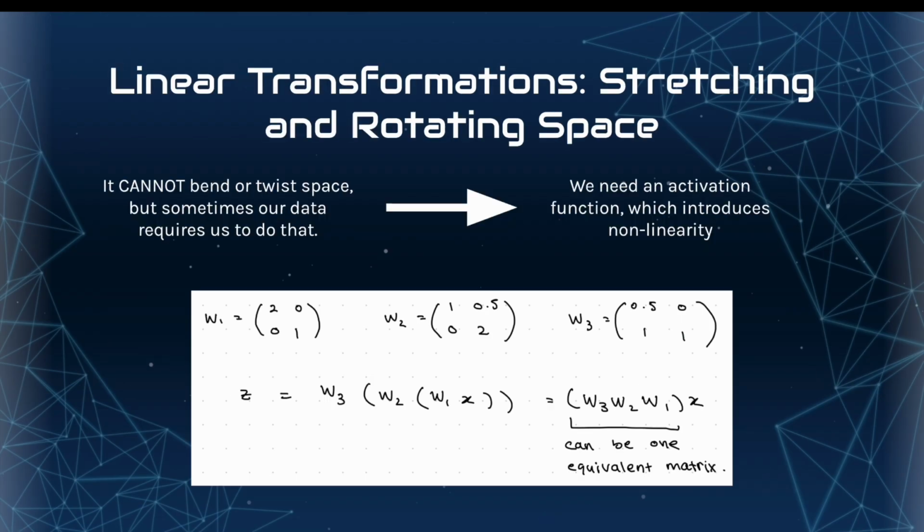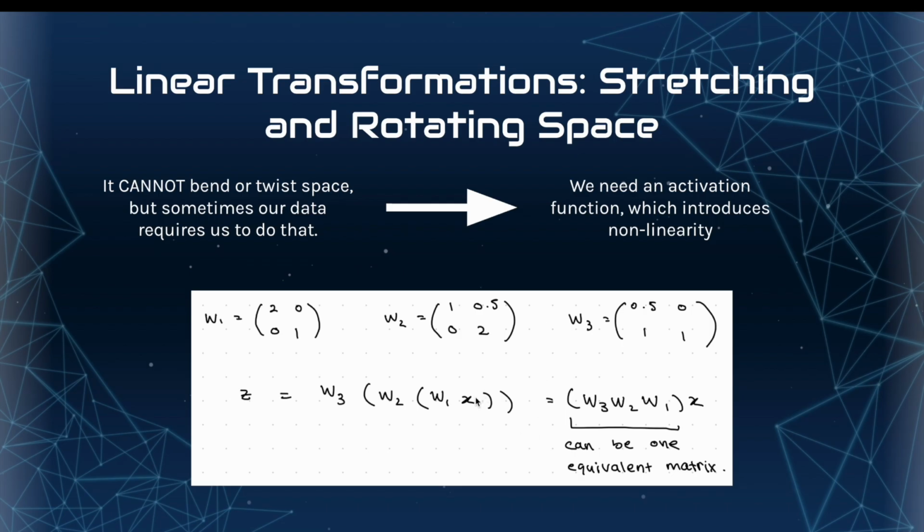However, if we only used linear transformations, we'd have a problem. Let's say we have three weight matrices, W1, W2, and W3, where each weight matrix is applied in each layer. We apply W1 first, then apply W2 to the output of that, and then apply W3 to the output of that.